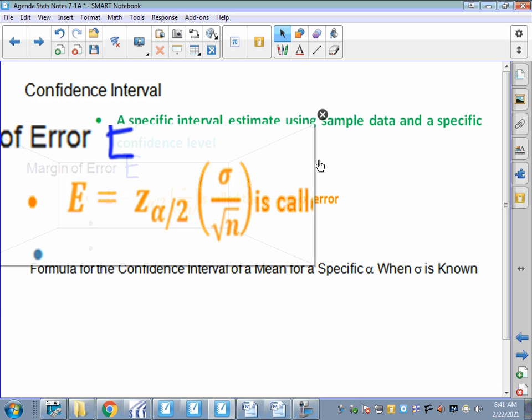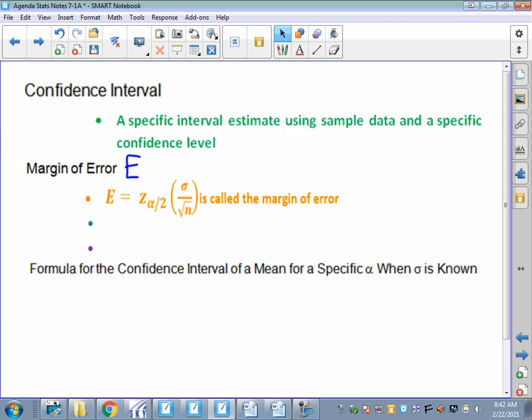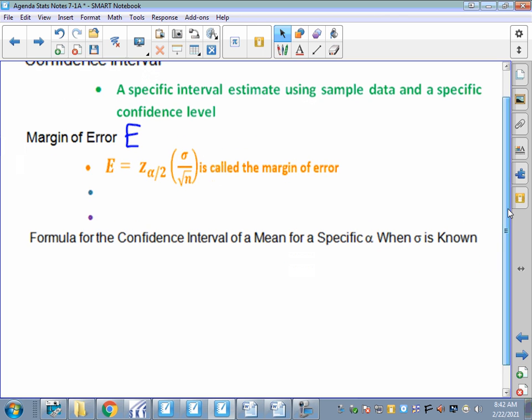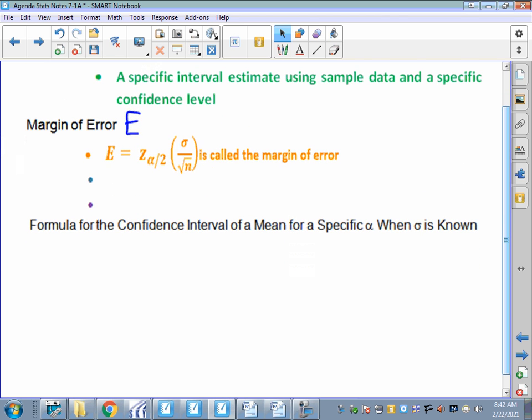Z-score of alpha over 2, that's a number we're going to replace, multiplied by our sigma over the square root of n. This is the max likely difference between your point estimate and your actual value.